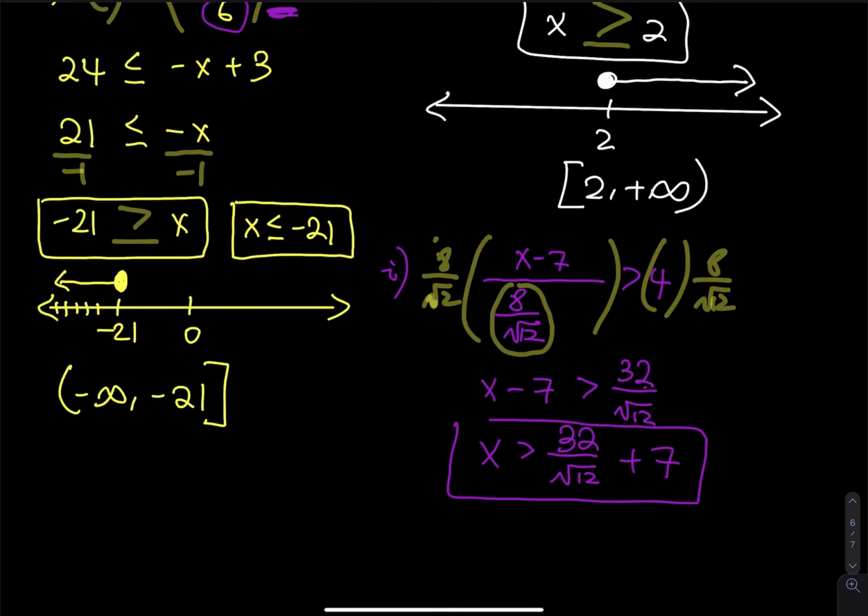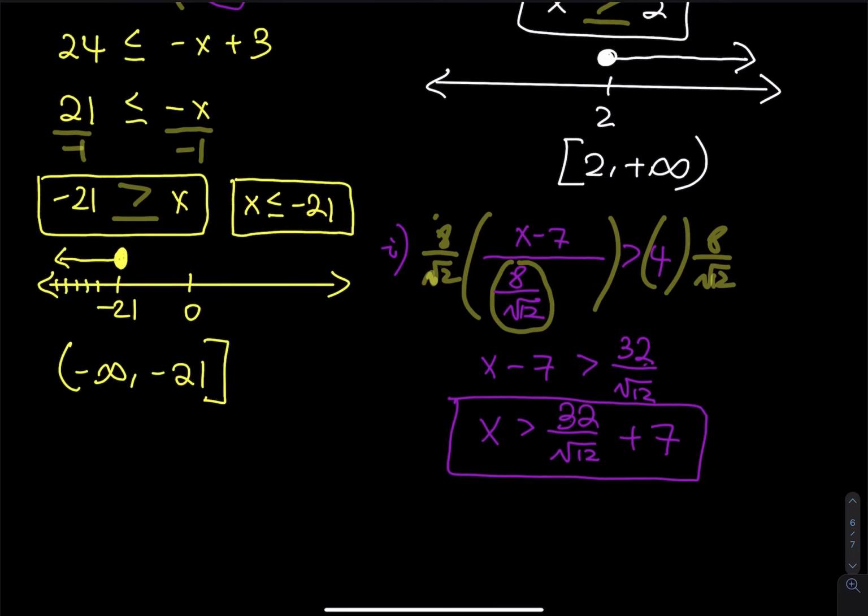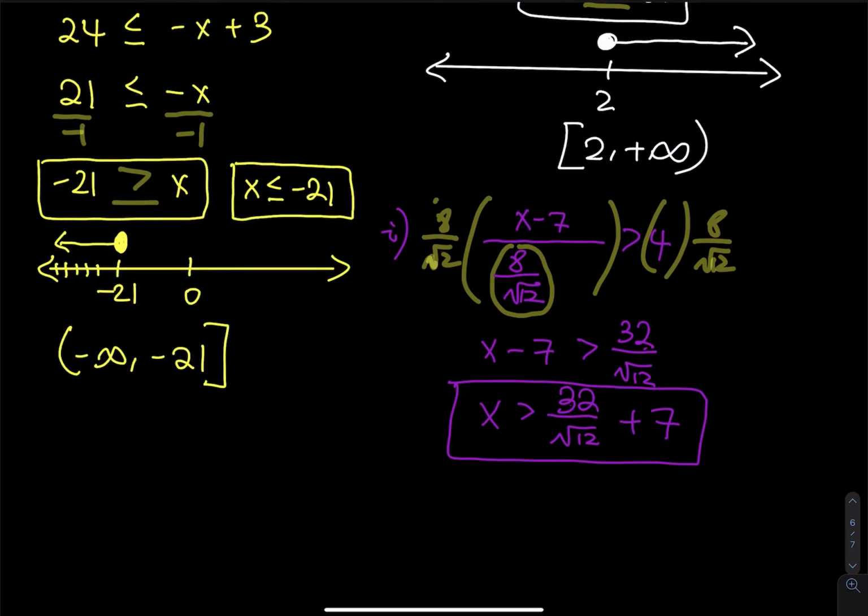This answer is in exact value, and then when you approximate that, in your calculator you have to type 32 divided by the square root of 12, and then you take the answer, whatever the answer is, you add 7 to it. So you should get 16.2376 and then something.